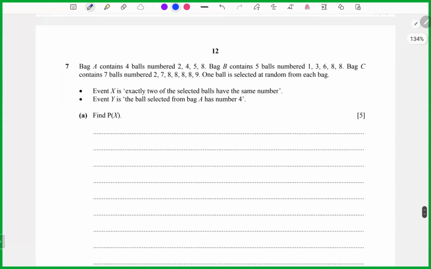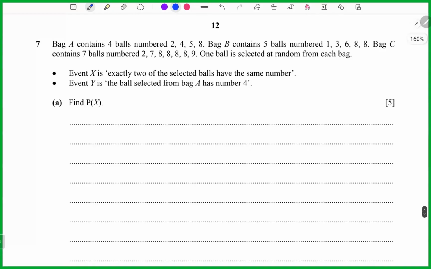Now we look at the last question. The last question is probability. Bag A consists of four balls numbered 2, 4, 5, 8. Bag B has five balls. Bag C has seven balls. One ball is selected at random from each, meaning from A, B, C we collect one ball each. Now look at the two events.